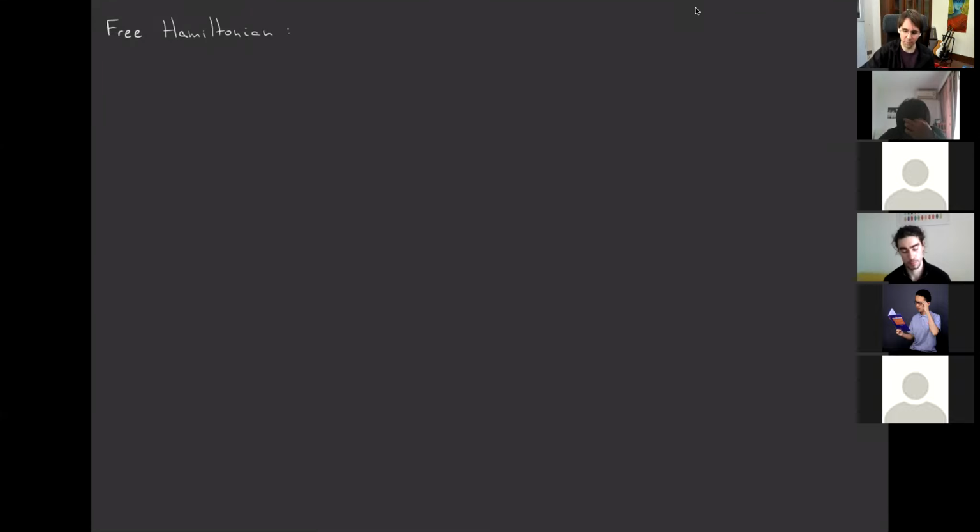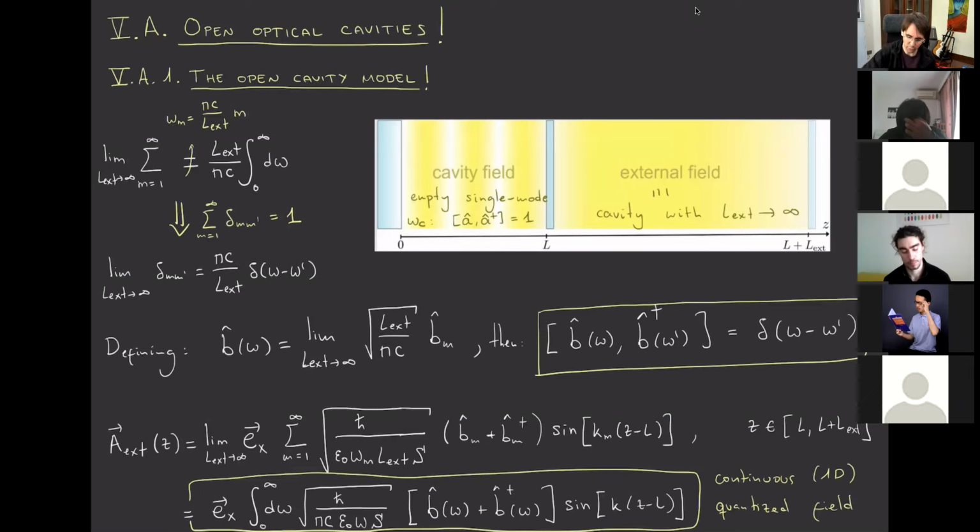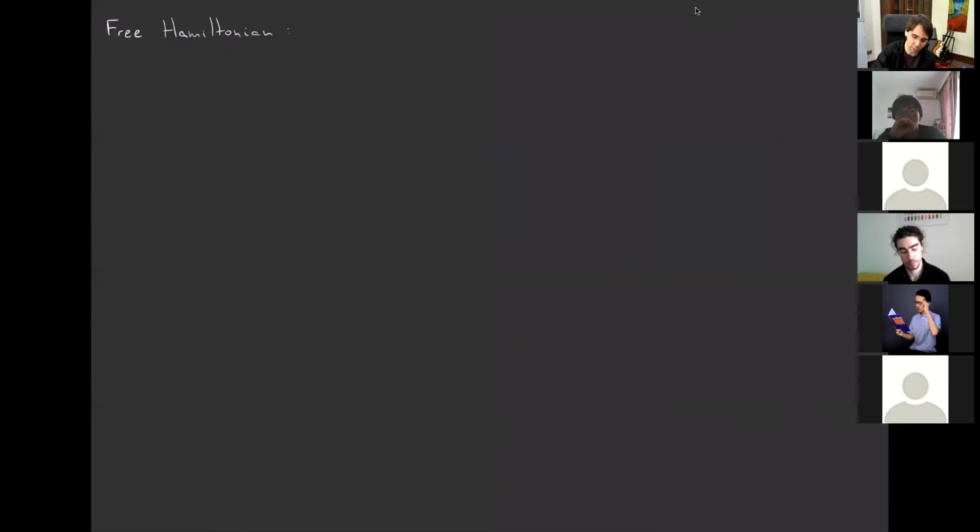So imagine in particular that the mirror would be perfectly reflecting. Then there would be no coupling between the external field and the cavity field. And therefore, the Hamiltonian of the system would simply be the Hamiltonian of the cavity plus the Hamiltonian of the external field. And that we know very well because we have been doing quantum theory of the electromagnetic field.